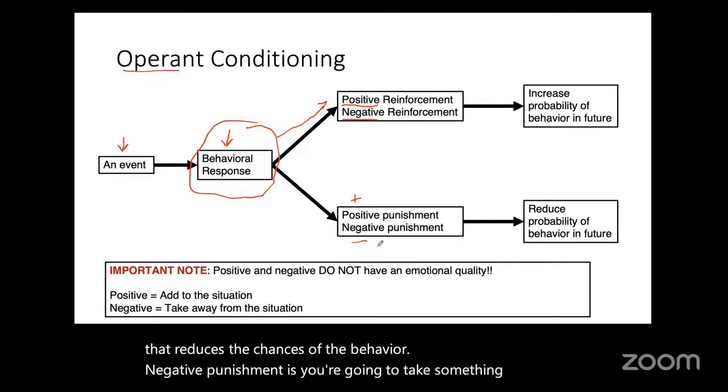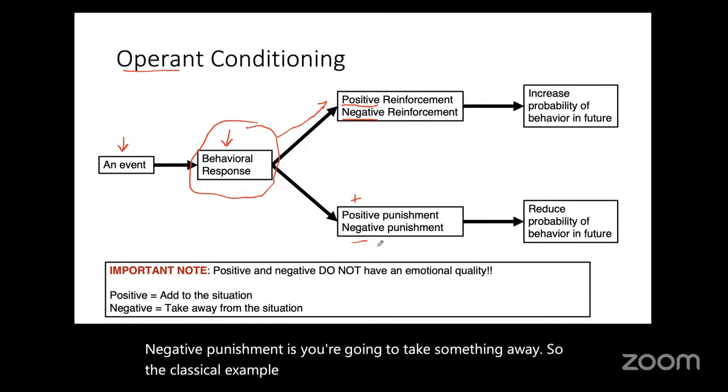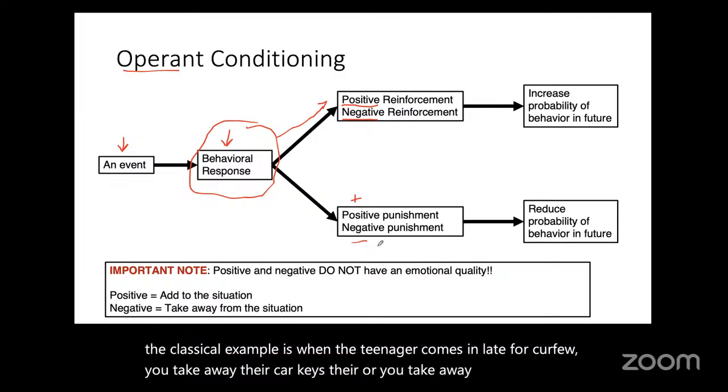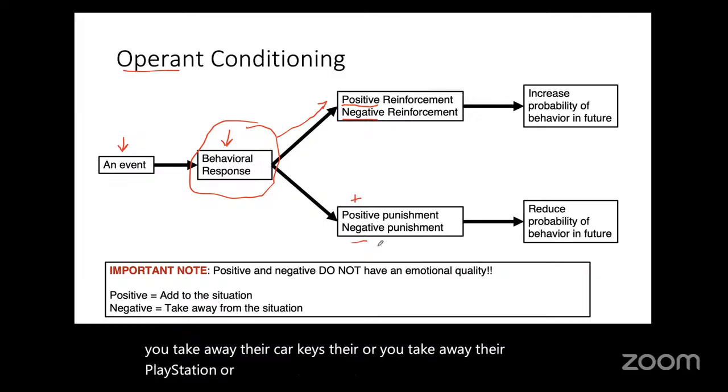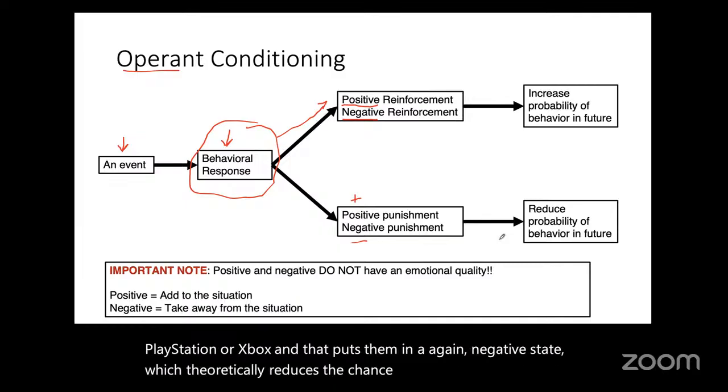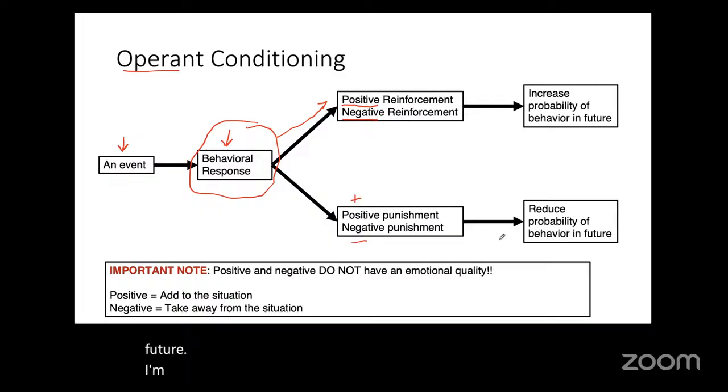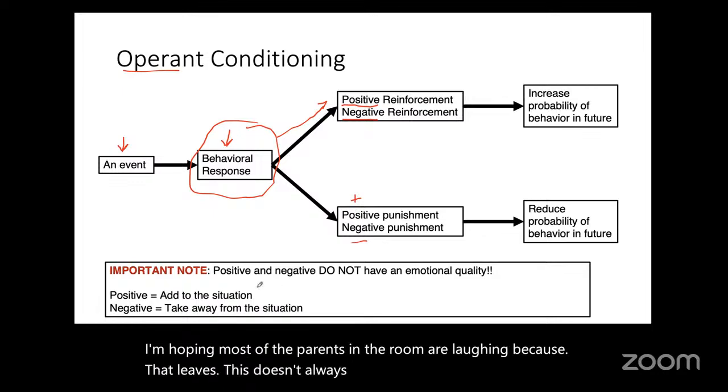So the classical example is when the teenager comes in late for curfew, you take away their car keys, or you take away their PlayStation or Xbox, and that puts them in a, again, negative state, which theoretically reduces the chance that they'll be late in the future. I'm hoping most of the parents in the room are laughing because you know that this doesn't always work the way we expect it to.